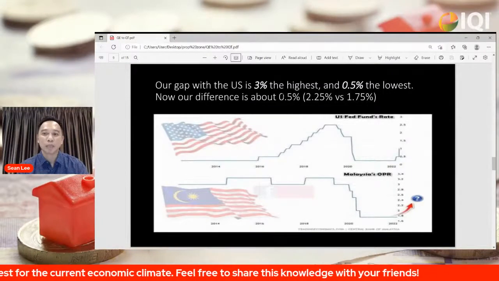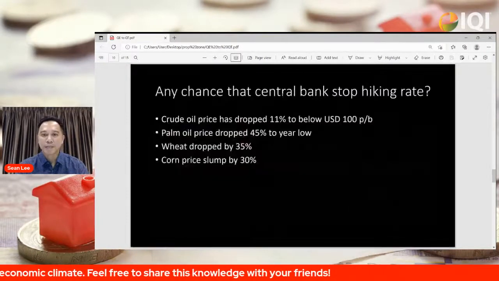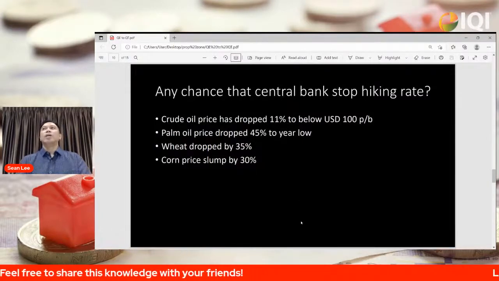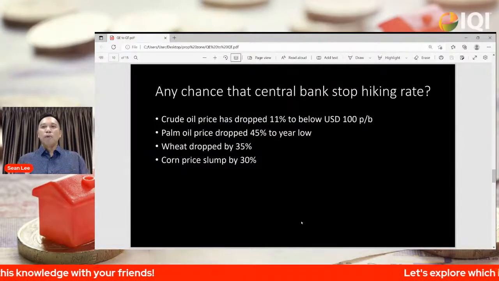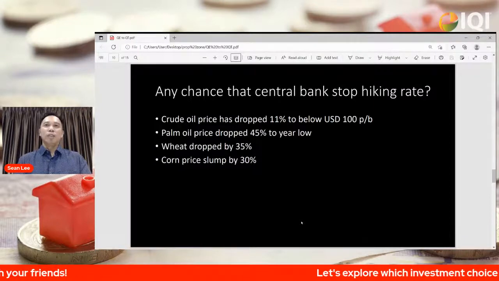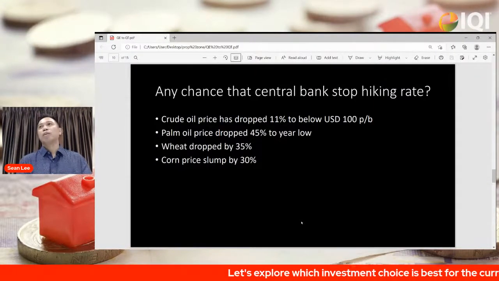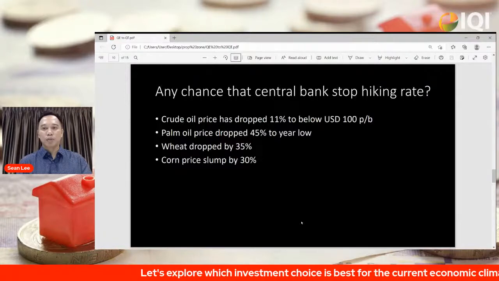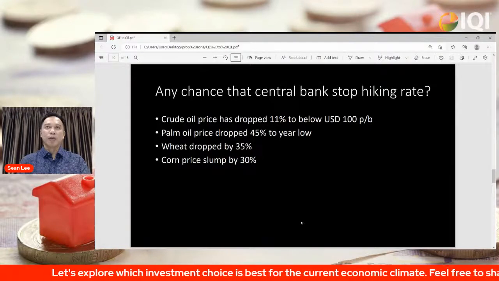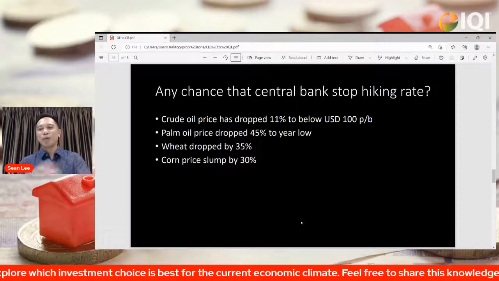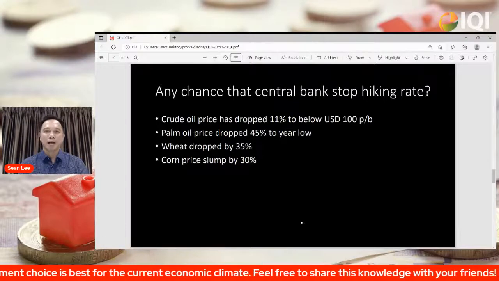The other reason is that our official inflation rate is ranging between 2 to 3%, as compared to the US 8%. Now, if you are a home owner, or you have a housing loan or other sort of loan, you may be wondering, increasing the rate will increase our installment amount by default.